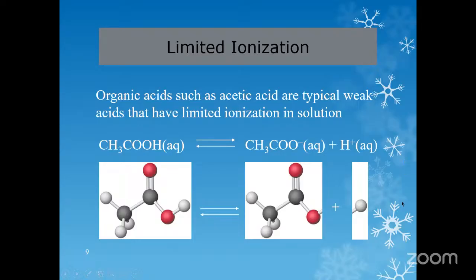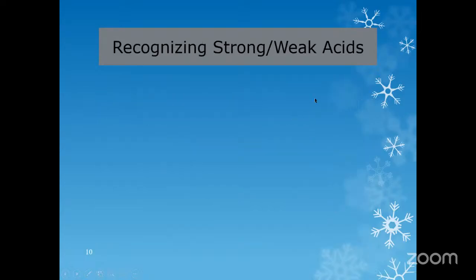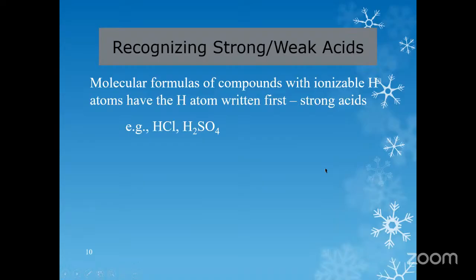Okay, so that's basically how weak acids behave. And as stated here, most organic acids are weak acids, and there are some inorganic acids that are weak as well. Okay. Now, in the case of strong acids, they undergo complete dissociation, right?